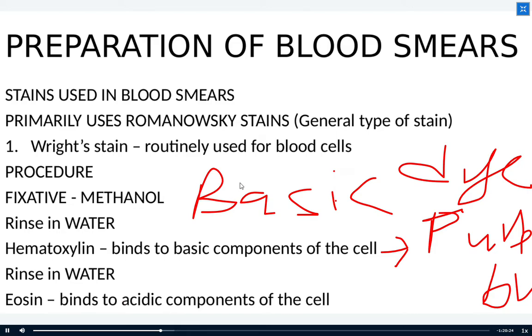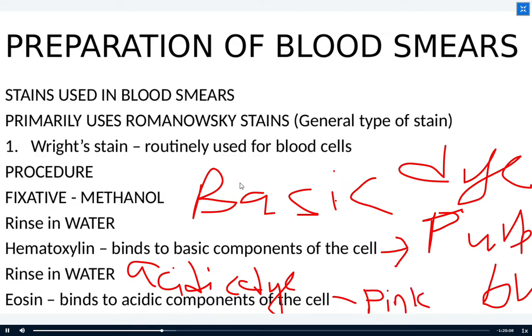Then eosin binds to acidic components. Now your eosin, class, is an acidic dye. And they would tend to produce a pink or red color sa cell. Then you have to rinse it in water and put it in a buffer.